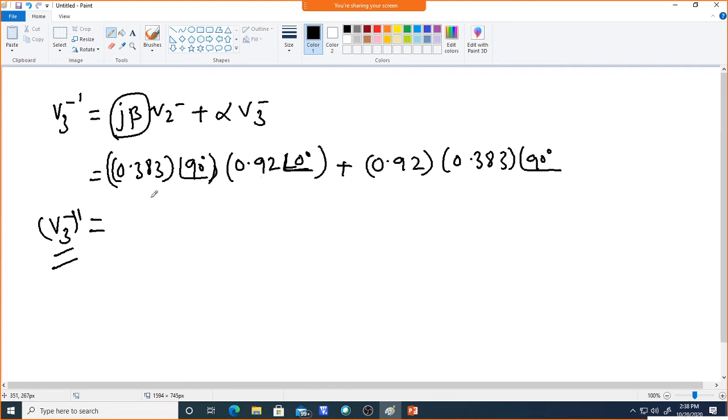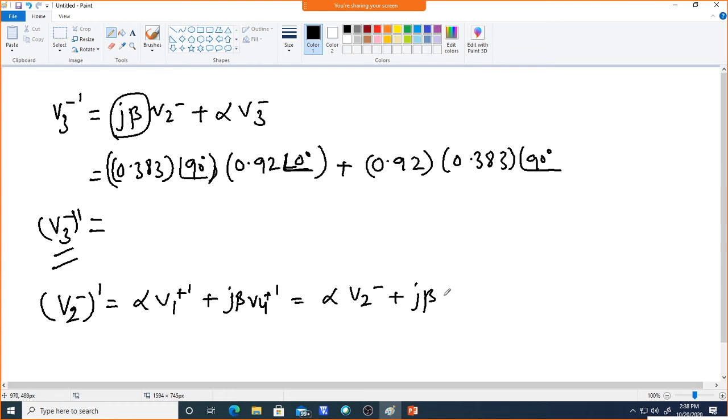And similarly you can find out what is V2 minus dash, which is equal to alpha into V1 plus dash plus j beta into V4 plus dash. So now V1 plus we can write as alpha into V2 minus plus j beta into V4 plus dash, we can write it as V3 minus. So now alpha is nothing but, already we know, 0.92, and V2 minus is 0.92 at an angle 0 degree.